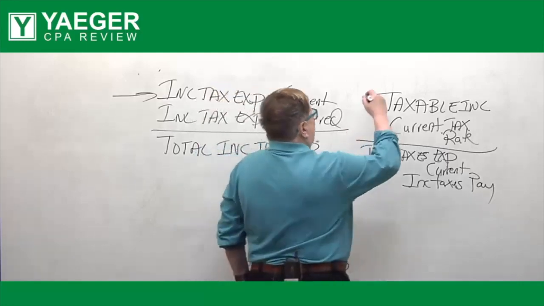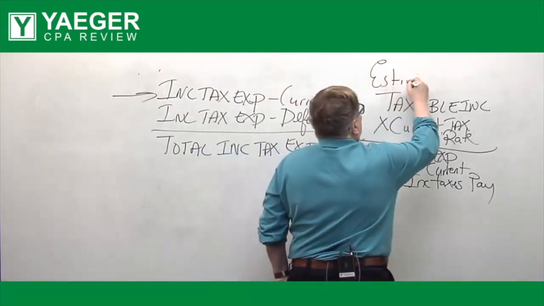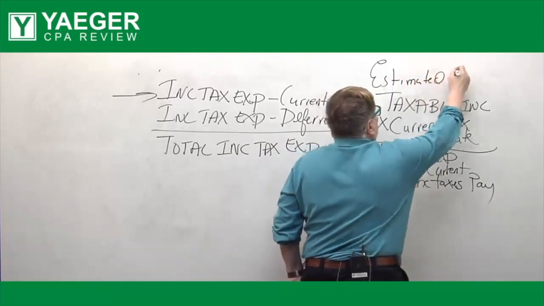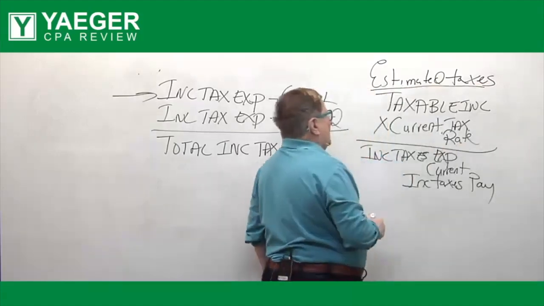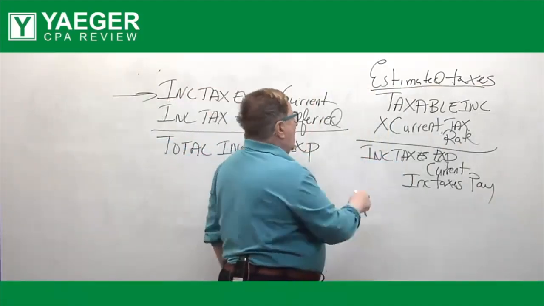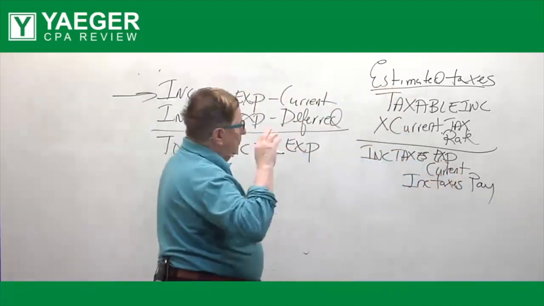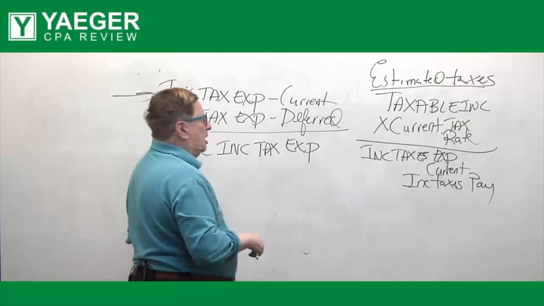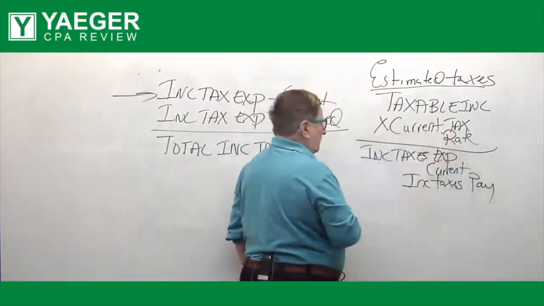Now, one other thing with this income tax expense current, income taxes payable. A lot of times, companies pay estimated taxes. Now, they may ask you this. If a company paid estimated taxes, what is our income tax expense current? Well, if it's asking for the income tax expense current, it's still just the taxable income times the current tax rate.